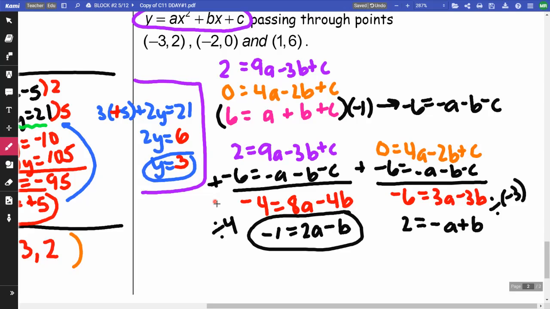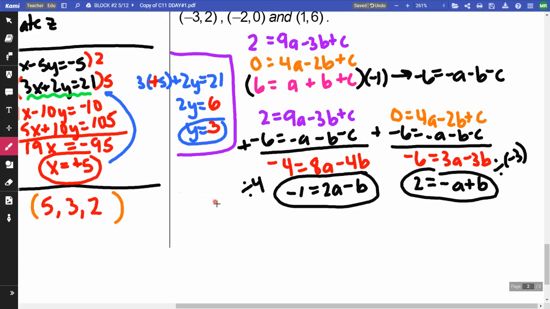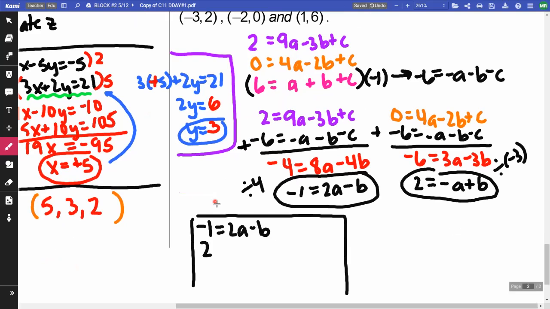Okay, this with this. And what's automatically going to happen in this case, and again, I'll put this in a box, I'm going to solve this. When I take -1 is equal to 2A minus B, and 2 is equal to -A plus B, my B's are going to cancel out, and I'm going to get 1 is equal to A.